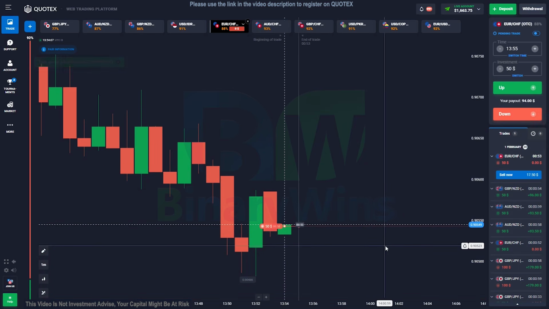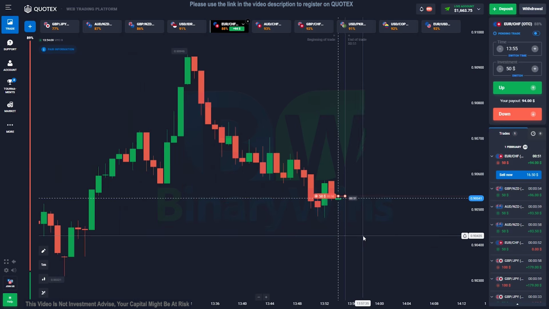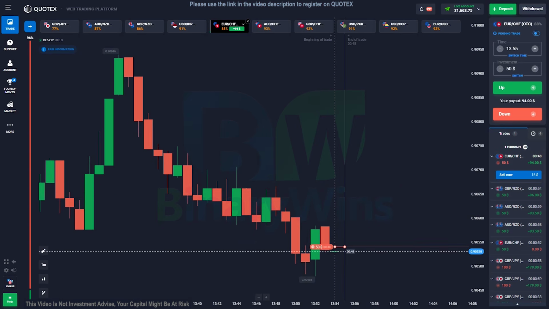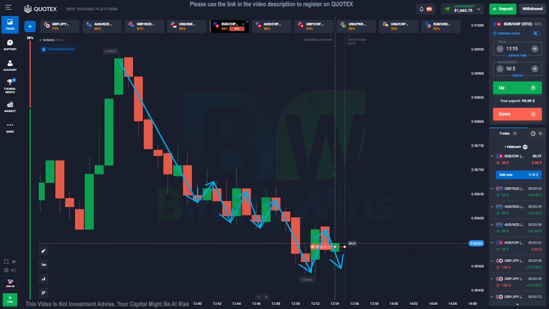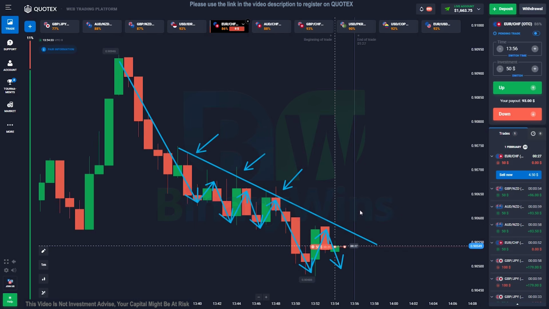Excellent. I entered the lower trade with a margin of safety. Why? Look, first of all, our trend is a downtrend. On the other hand, we can draw a trend line, which you can see that in the past, the candles have received pressure and rejection from this trend line and moved down.